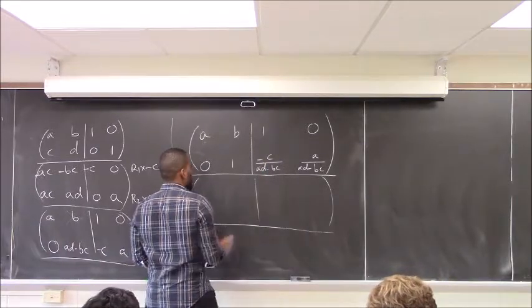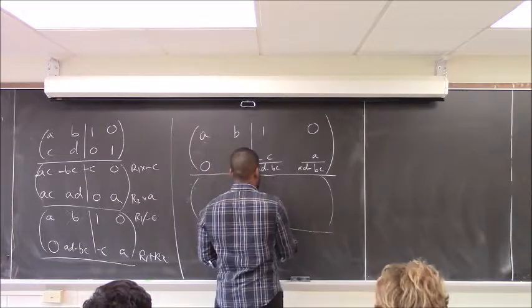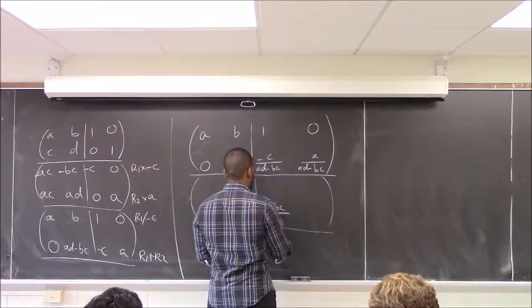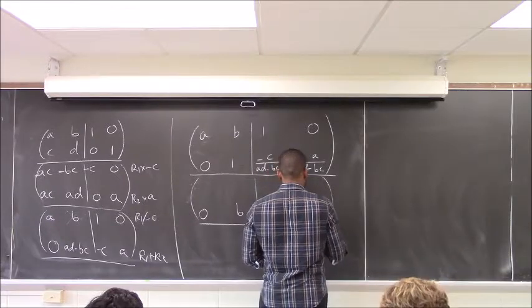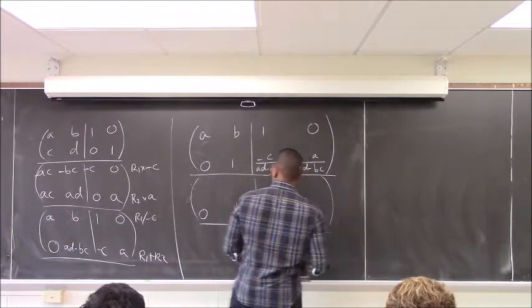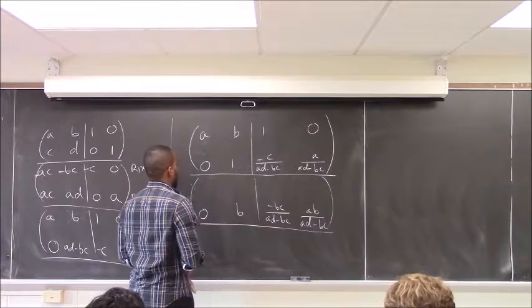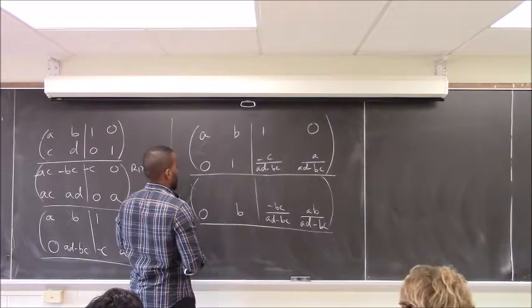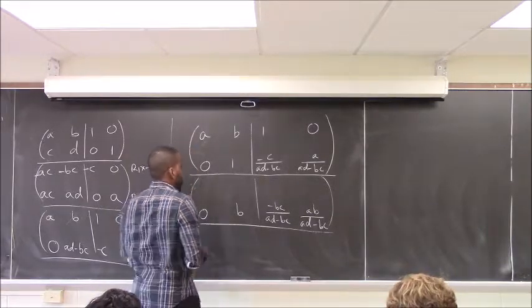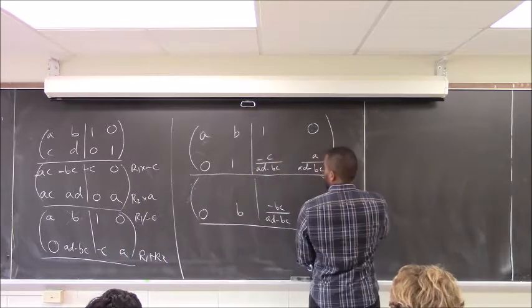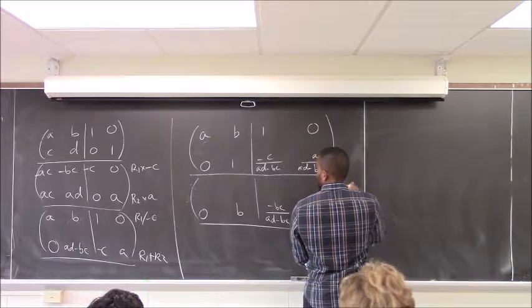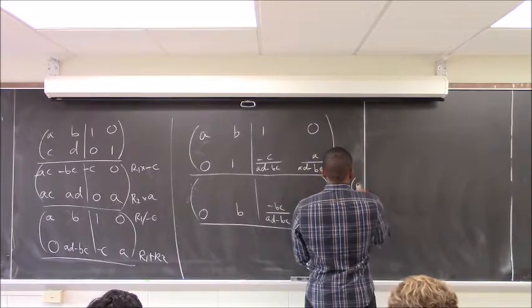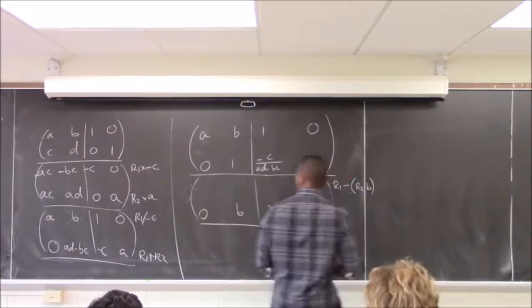Multiply this by D. And what I want to do now is take this and subtract that. So I'm going to take row 1 and subtract row 2 times b.